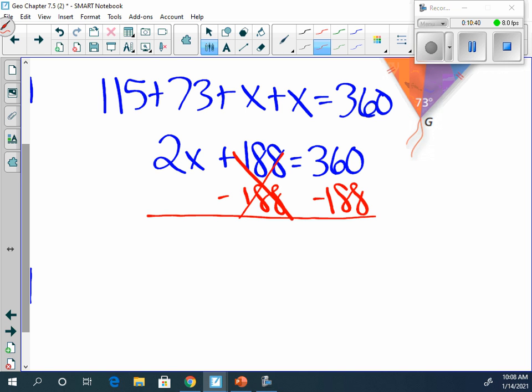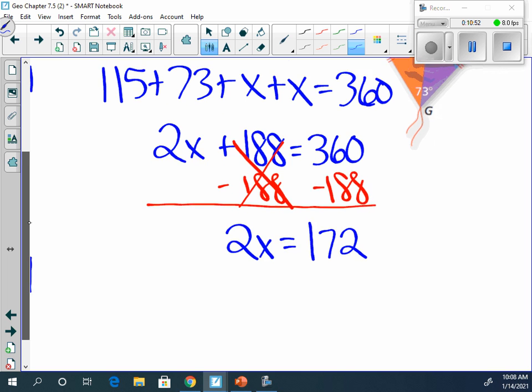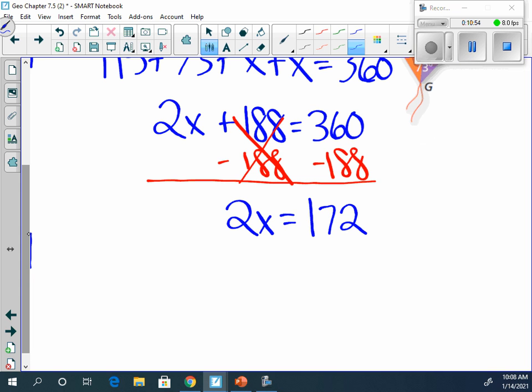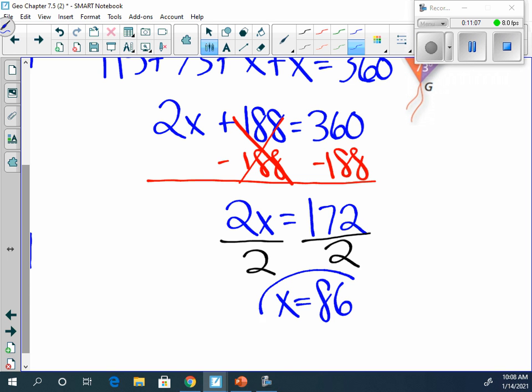Those would cancel, leaving me with 172. And last but not least, we would divide both sides by 2, telling me x is equal to 86.